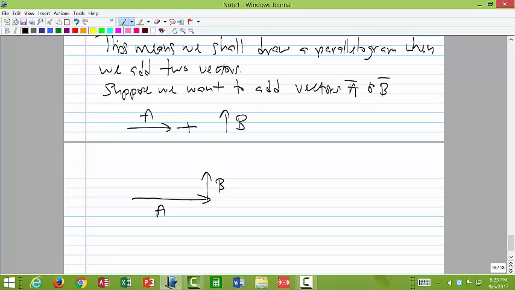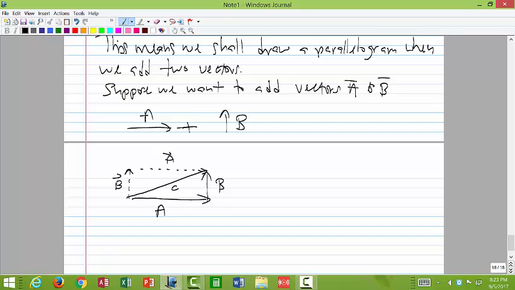So what you are doing is drawing a parallelogram. You take vector B and put it here, something like that, and then you take vector A and you put it there. So this is A, this is B, this is A, and then the diagonal is just from the tail of A to the tip of B, so that would be vector C. So what I've drawn is a parallelogram. Do you see that?